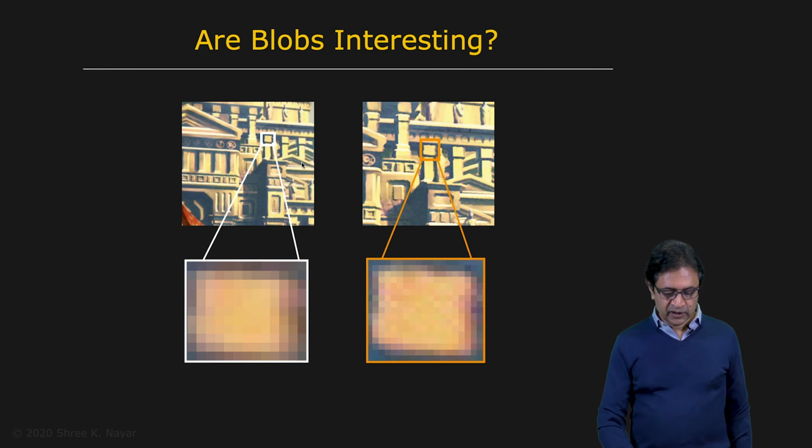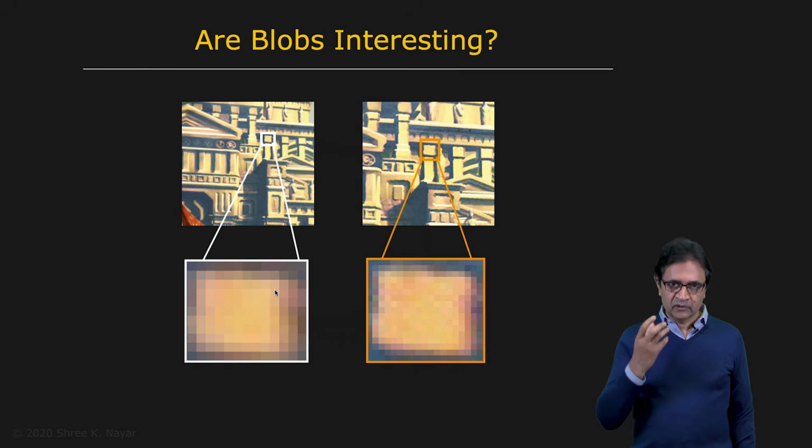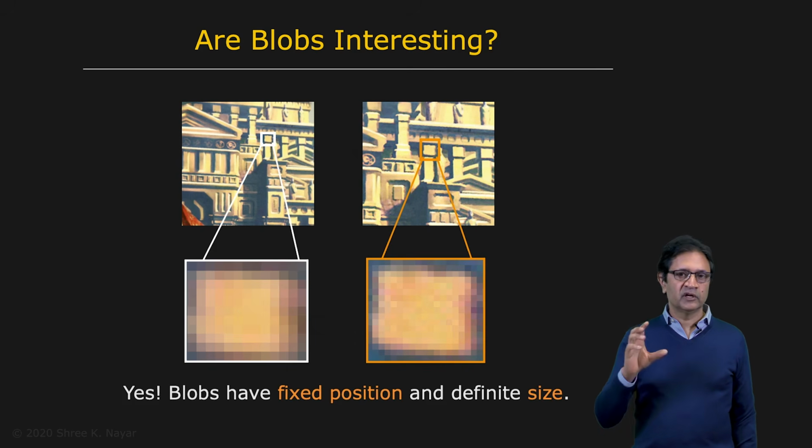So here you have a region in this image, right here, this blob, and here is the same blob in this image. And after you normalize for scale and you put them in windows of similar size, they look like this. And what's interesting here is that you have some kind of a local appearance in that there's brightness variation going on in here, and that defines the appearance of the blob itself, and also the position of the blob is very well defined.